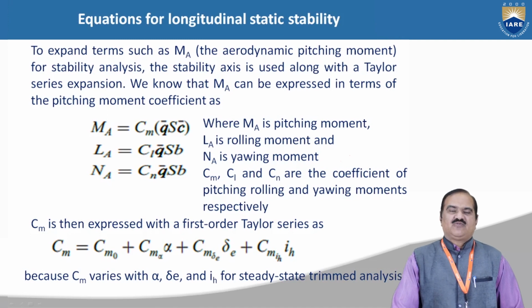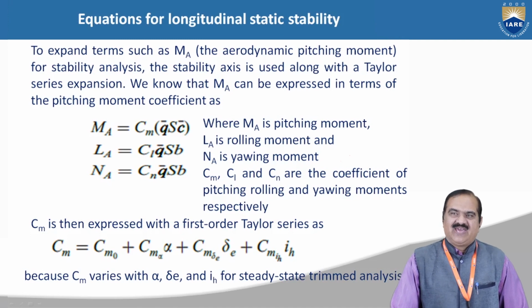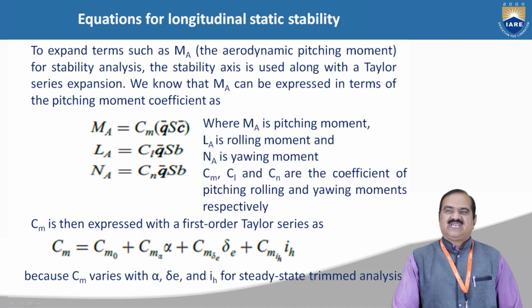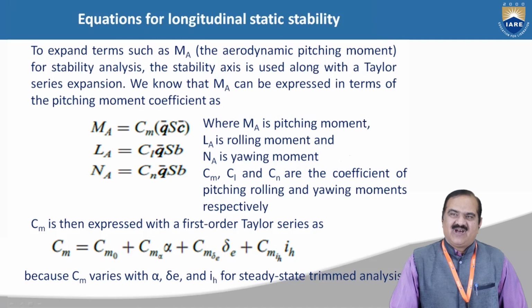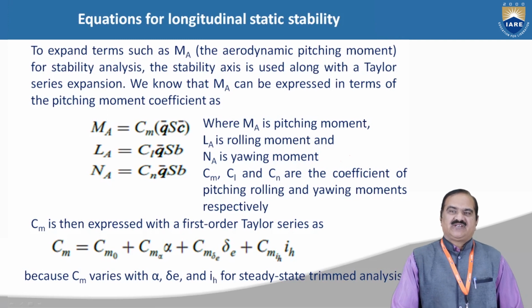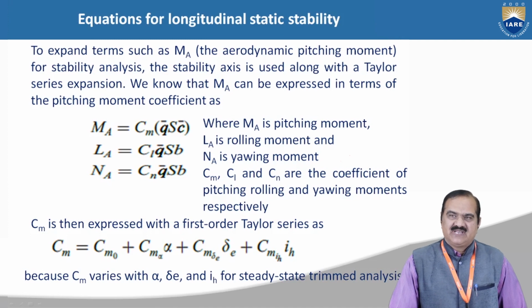So M_A is equal to C_m q-bar S c-bar, where C_m is the coefficient of moment, q-bar is the dynamic pressure, S is the surface area, and c-bar is the mean chord length. In the same way for the rolling moment, C_l is the coefficient of rolling moment, q-bar is the same dynamic pressure, S is the surface area, and b is the span of the wing. And N_A is the yawing moment.